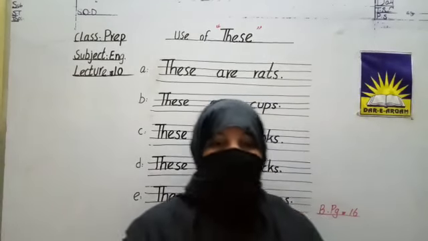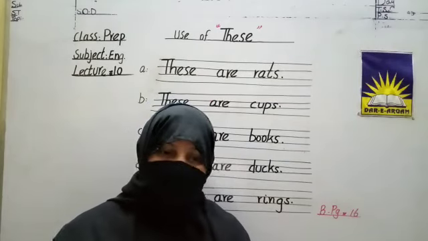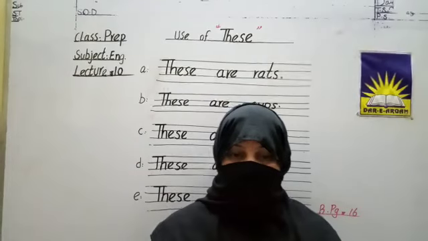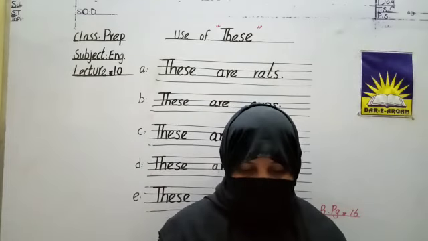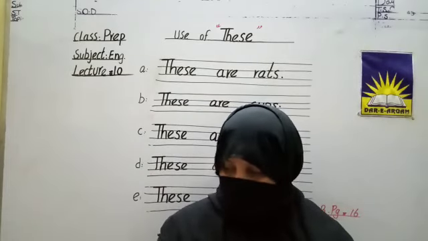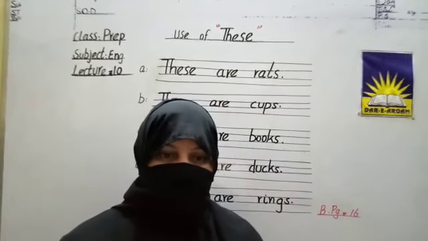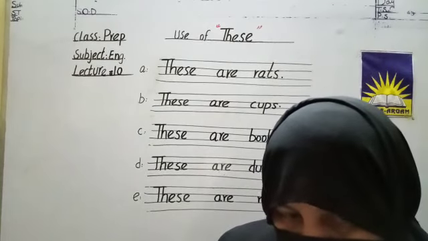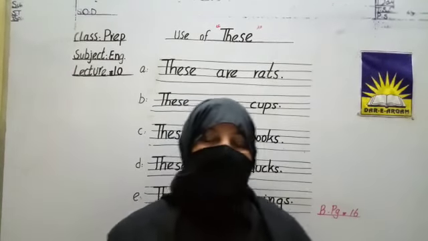And today our topic is use of these. Where do we use these? We use these for the objects that are more than one and they are near to us. Clear?